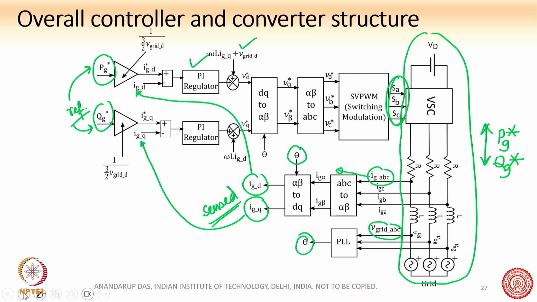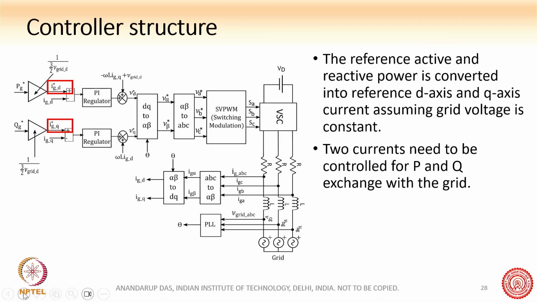So let us understand what these blocks are. The first block is this PG star and QG star. As I told you, these are the references which we want the voltage source converter to exchange.